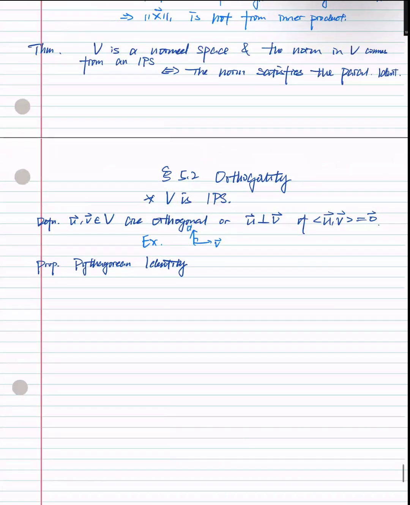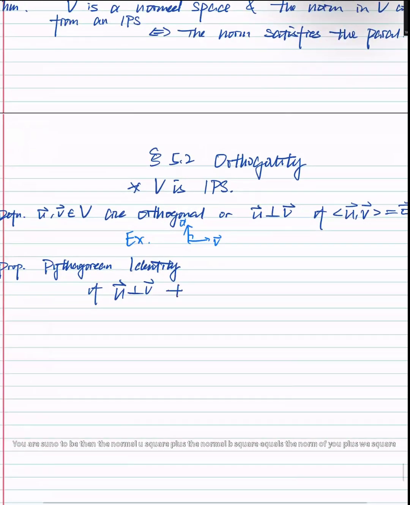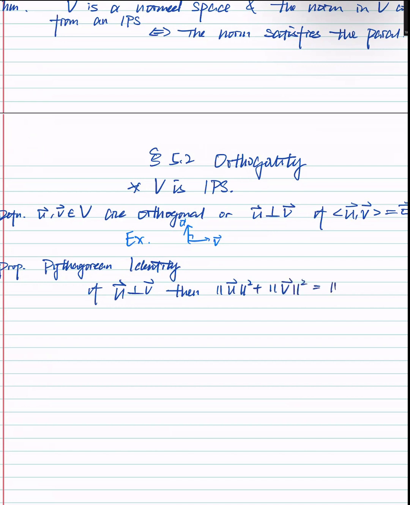If we have u orthogonal to v, then the norm of u squared plus the norm of v squared equals the norm of u plus v squared.